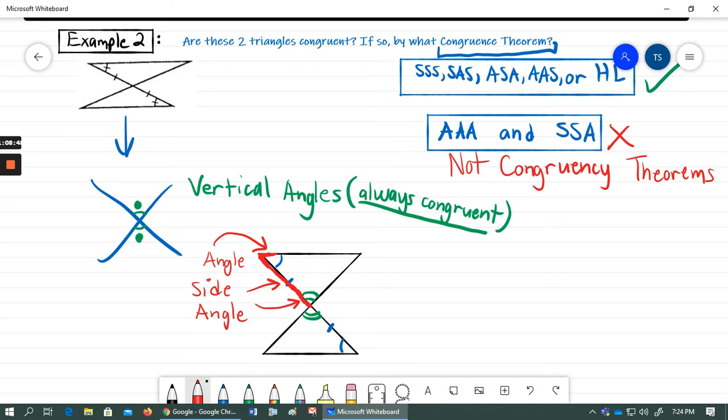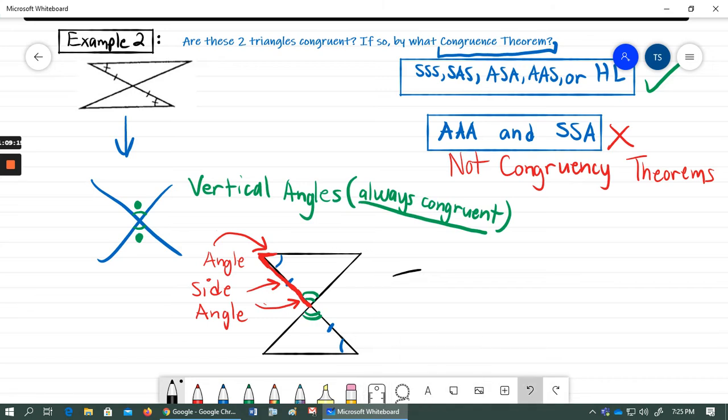And we know that this is an included side for those two angles. So because we've got this for this triangle, and the same corresponding parts are congruent in the other triangle, we can say clearly that these two triangles are congruent by the angle side angle congruence theorem, ASA, right?